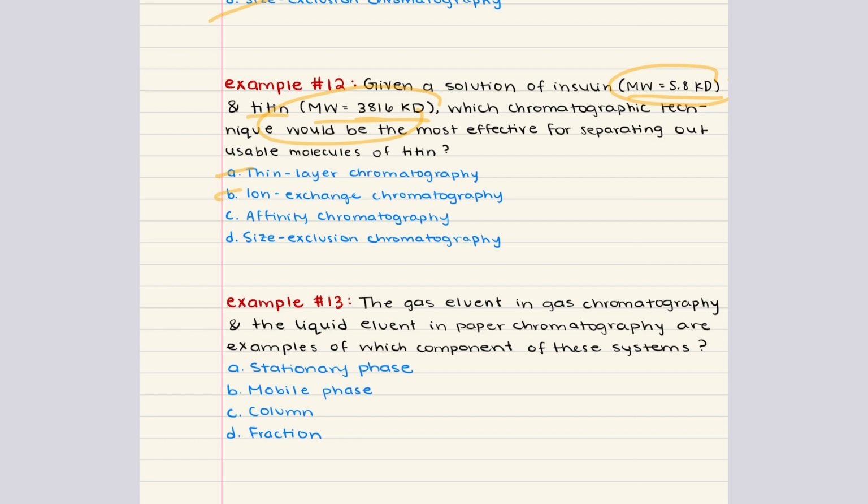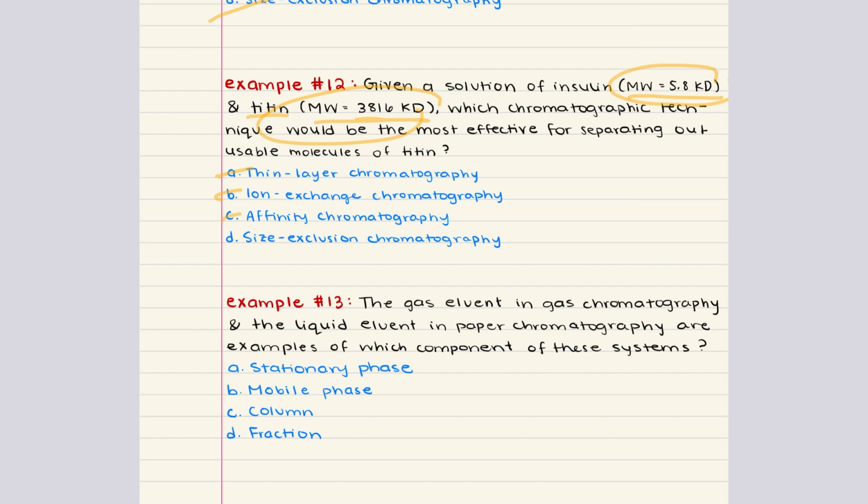C says affinity chromatography. Now, this would work if we had a specific antibody or ligand that binds only titin. But the question doesn't mention anything about a known binding partner. So there's no guarantee that this would give us a clean separation.